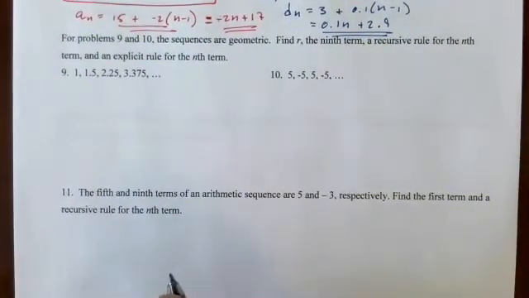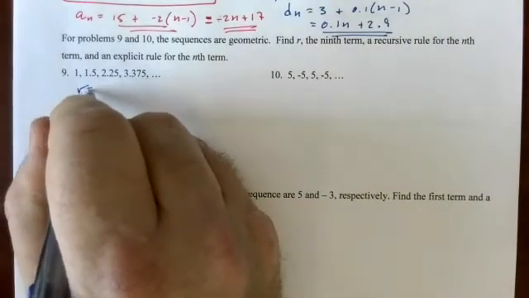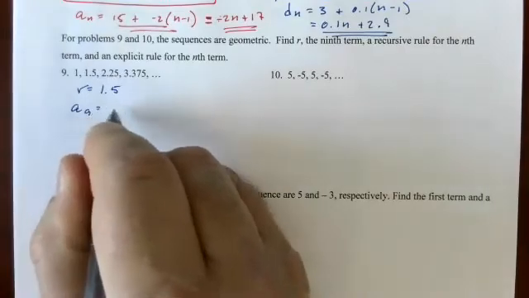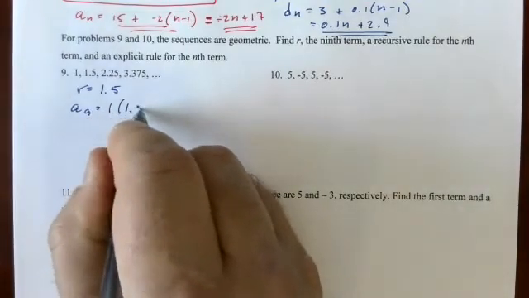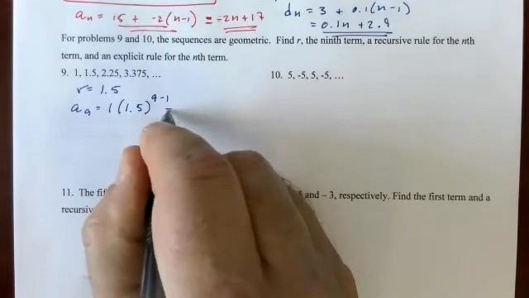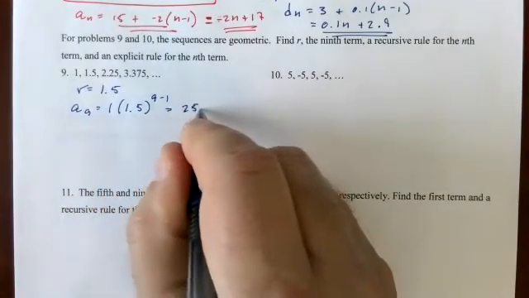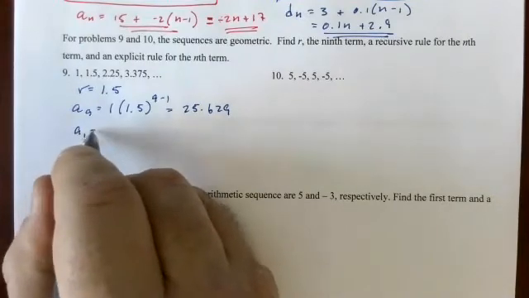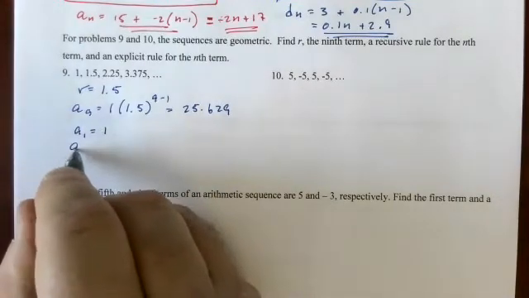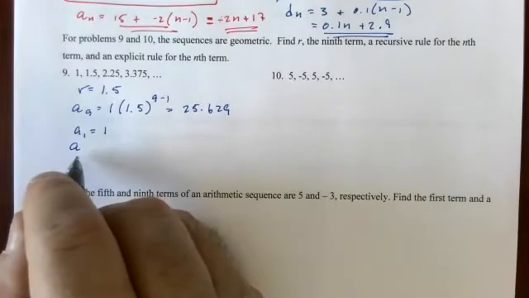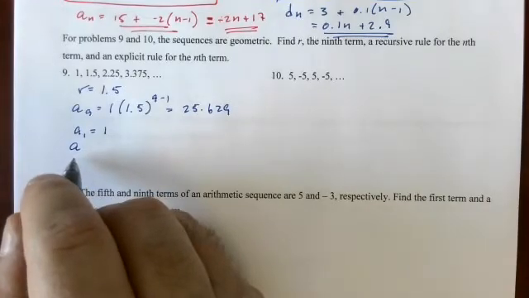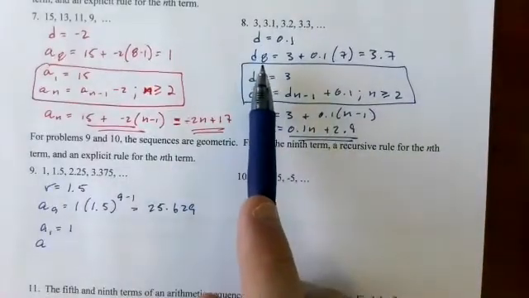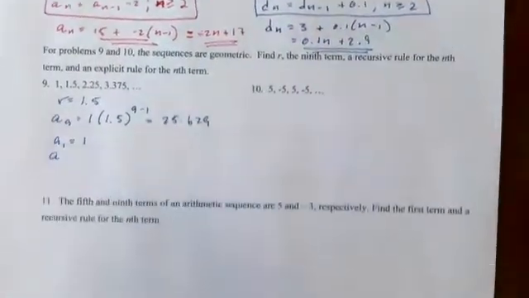All right, now we get to geometric. r equals 1.5. Want the 9th term, so we go with the original term times 1.5 to the 9 minus 1, which is 25.629. First term is 1. It's funny I call these d's up here. It's fine, there's nothing wrong with it, but I don't think we want to do that with that.